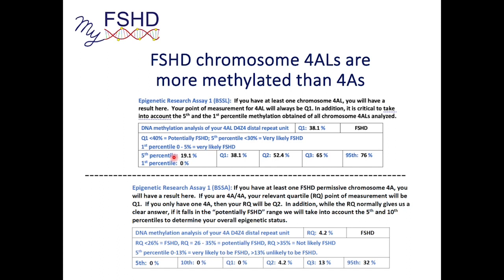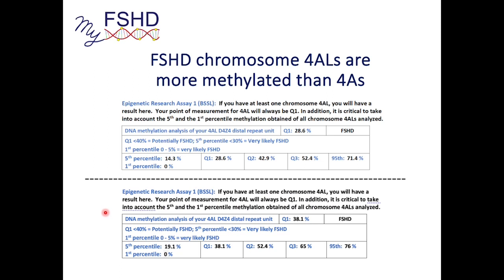In fact, it's always FSHD. These metrics are very different, which also makes it difficult to compare 4A to 4AL, because looking at these numbers, you might say this 4AL is very mild and this 4A is very severe. Actually, you have to compare 4AL to 4AL and 4A to 4A.